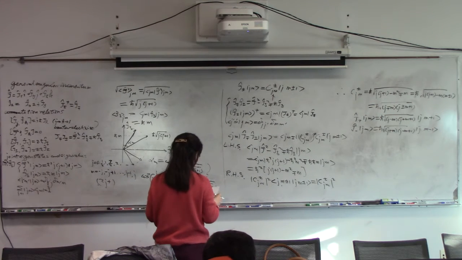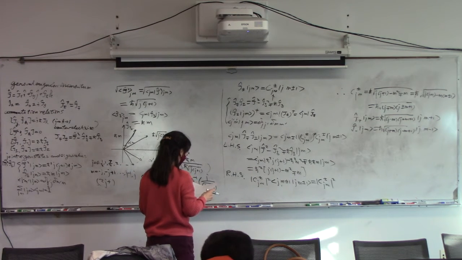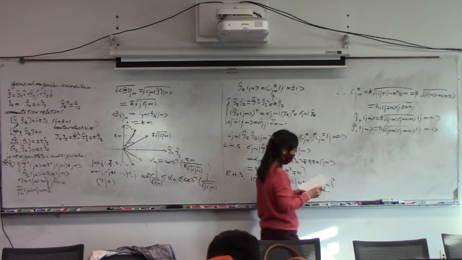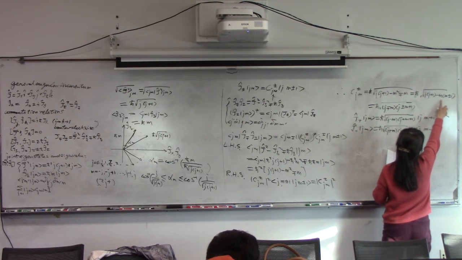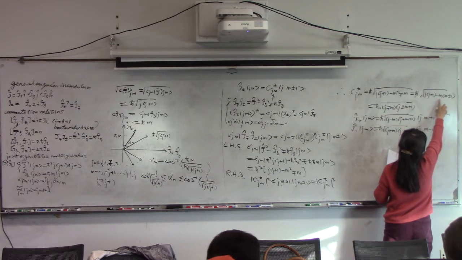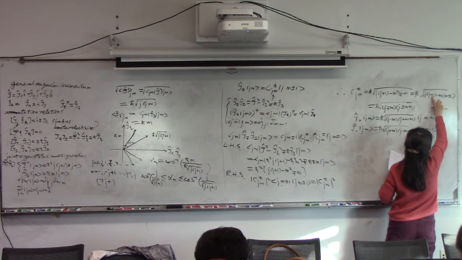So here J squared, M squared, then we have a J plus M, J minus M. So for this case, J plus M, and then this is a J, this is a minus M, so that is a minus.